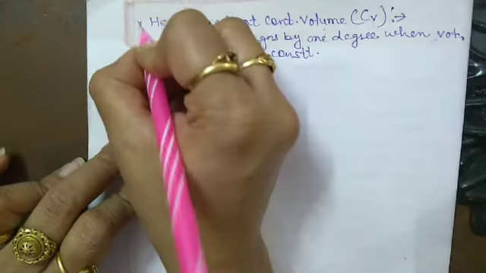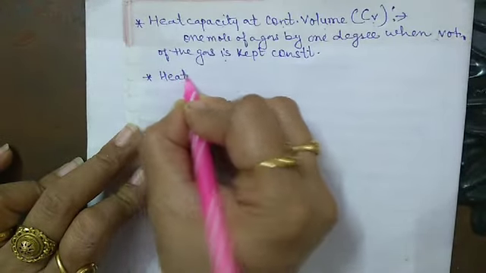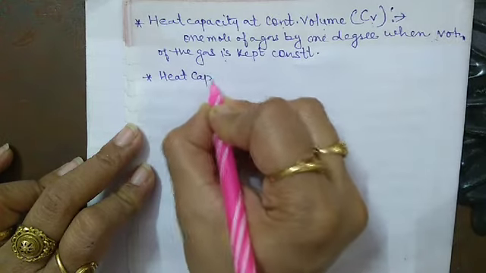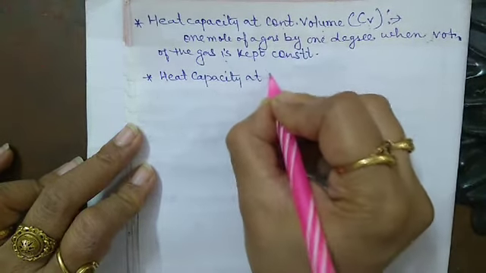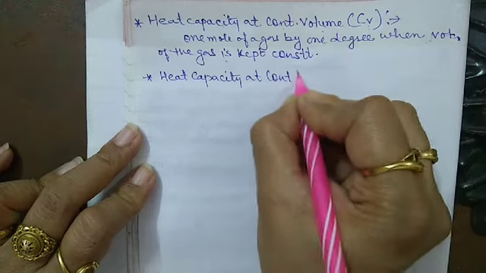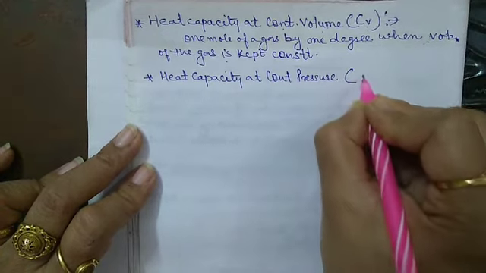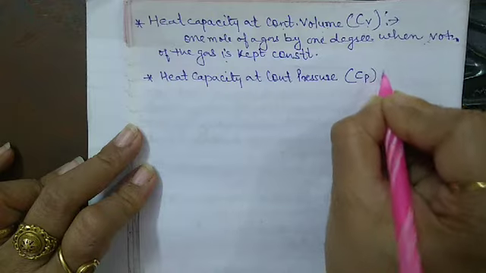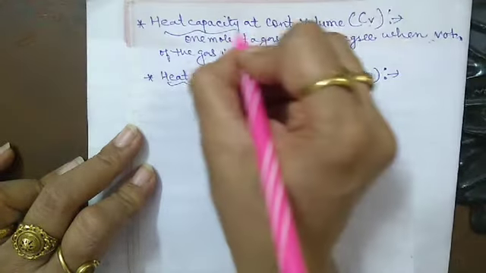Now the next term is heat capacity at constant pressure. That is Cp. Heat capacity at constant pressure.